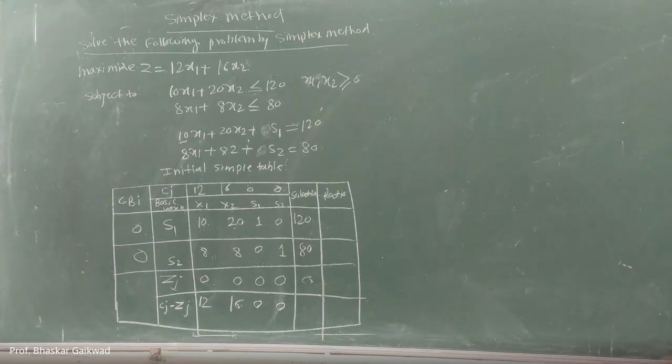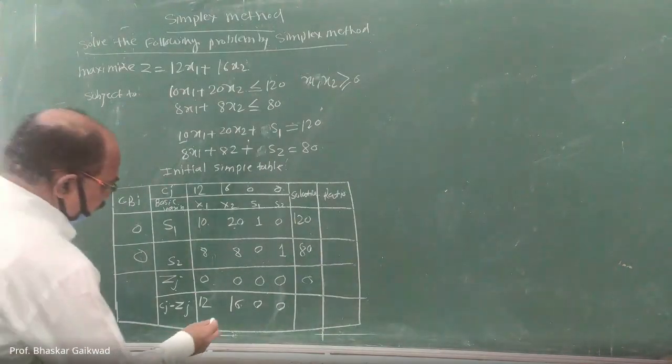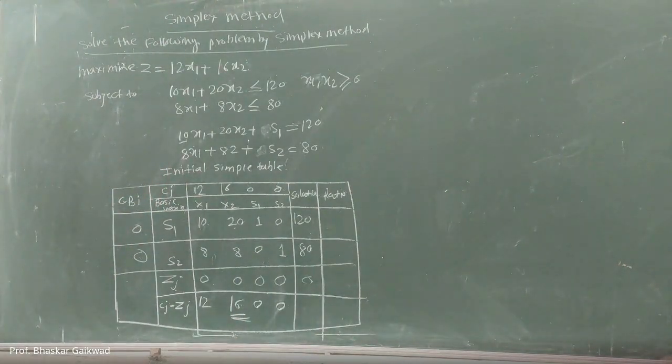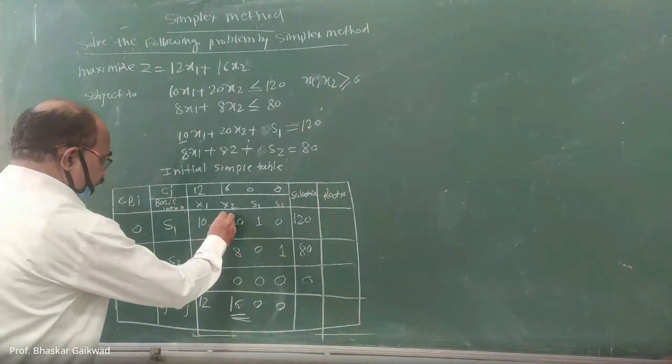So here in Cj minus Zj, 16 is the maximum value. In this vertical column, we mark it as the key column. So this is our key column.